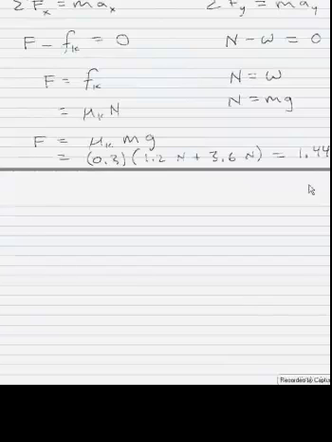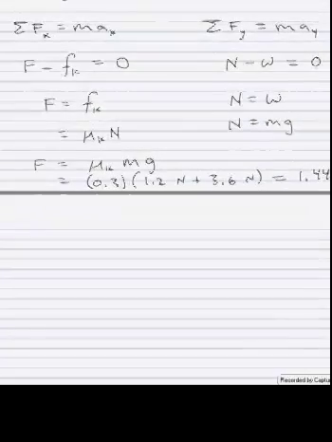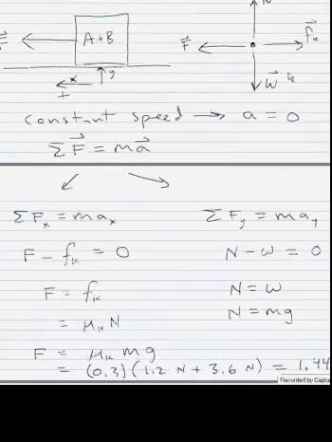So our answer is in newtons. The direction is given in the problem. It's pulling the blocks to the left, and that's what's required to keep them moving at constant speed.